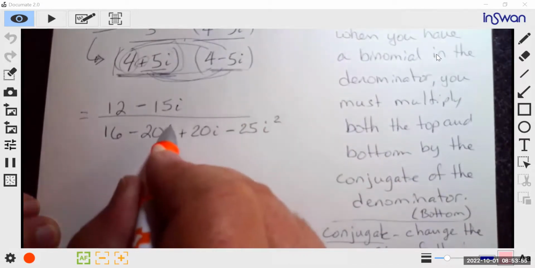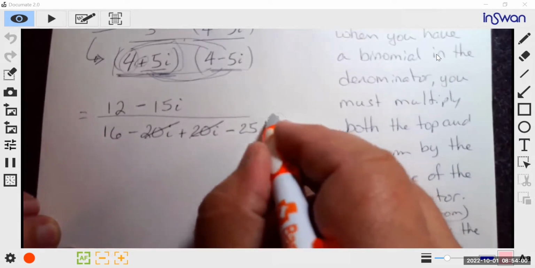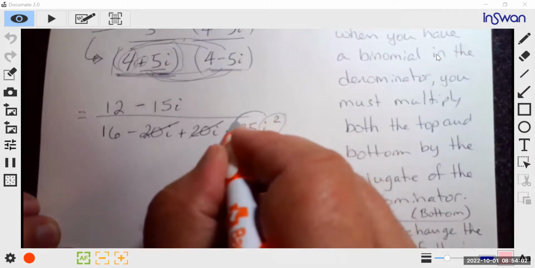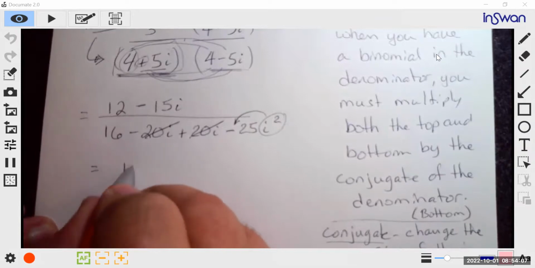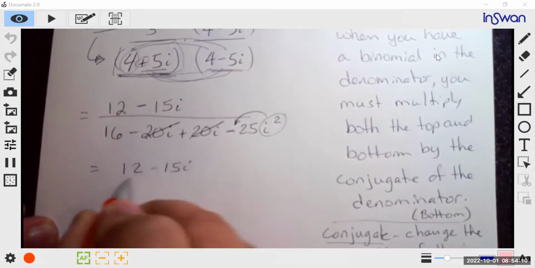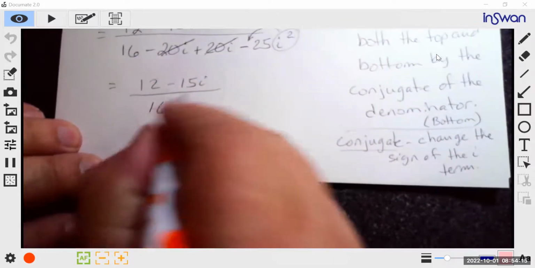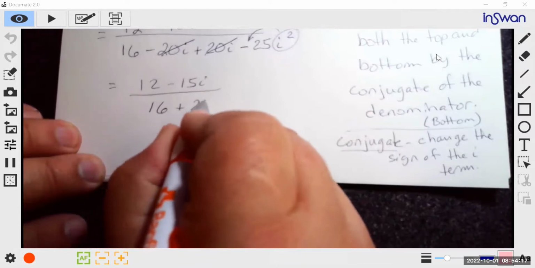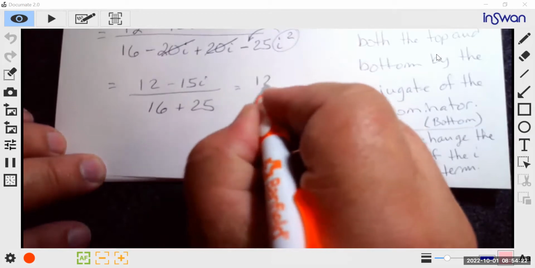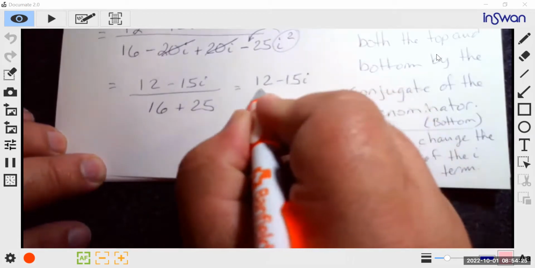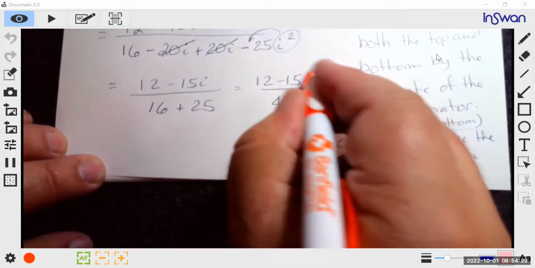Combine like terms. Negative 20i and 20i cancel. I squared changes the sign in front of its coefficient. So we have 12 minus 15i over 16 plus 25, over 41.